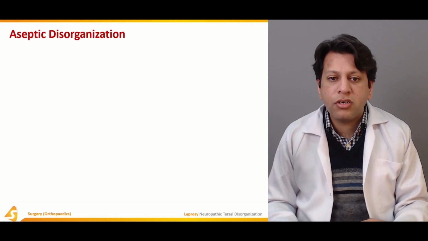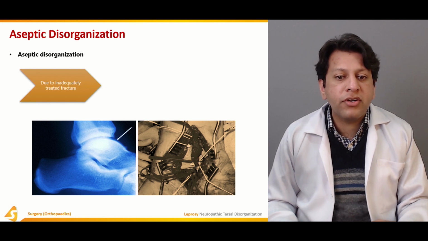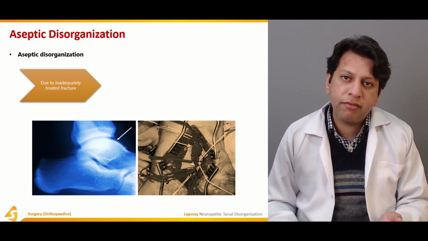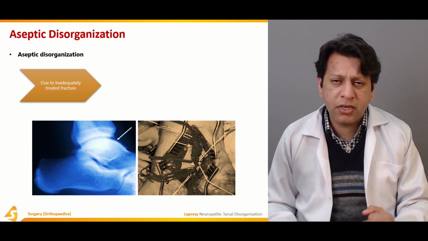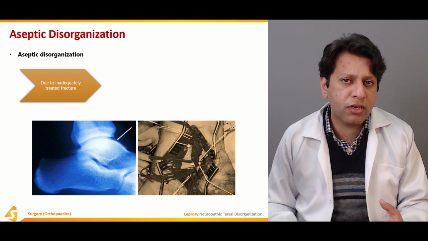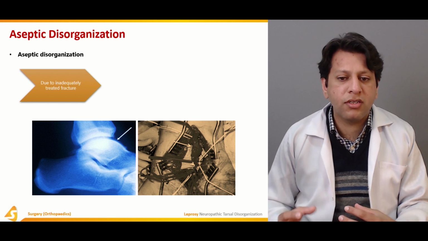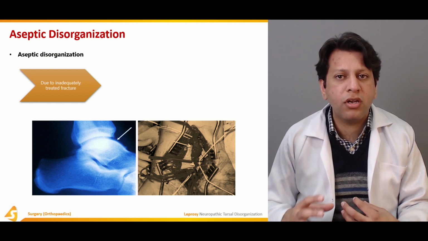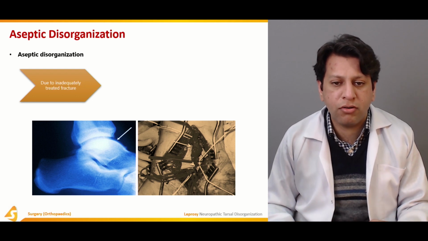Aseptic disorganization is mainly due to an inadequately treated fracture, that there was some kind of a fracture, but this resulted in ligamentous disruption, and despite closed reduction being done improperly, this leads to aseptic disorganization, that the tarsal bones are poorly organized due to loss of capsules and ligaments around them.